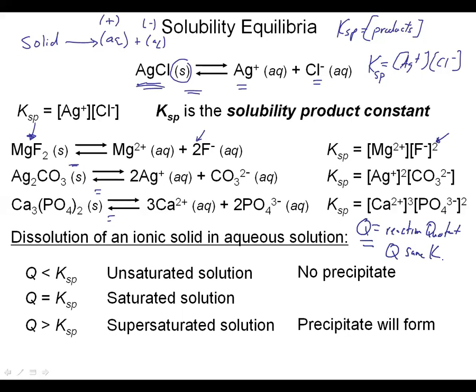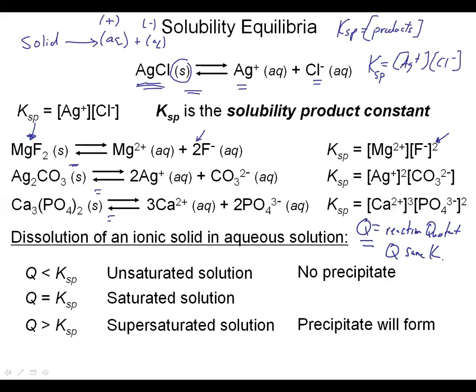We could also use Q and KSP to help us decide what type of solution we have and whether or not we would expect a precipitate to be made. If you calculate Q, which is calculated the exact same way as your KSP, you would take the concentration of the ions and put it into that expression of the products.